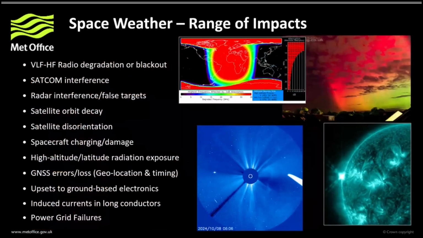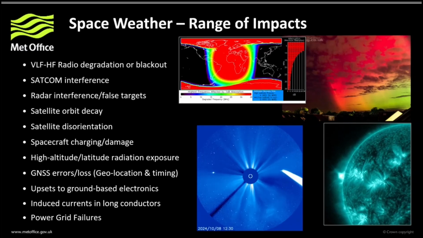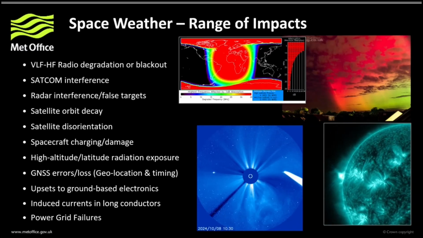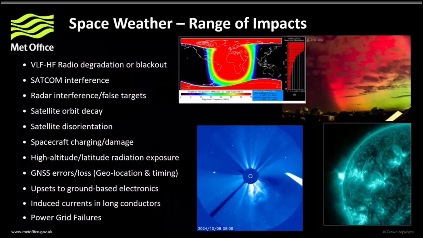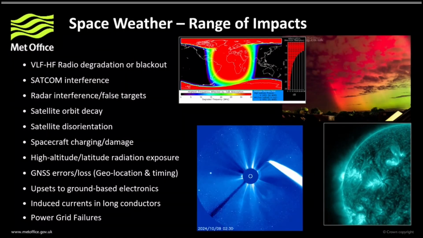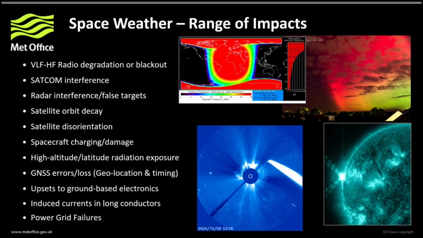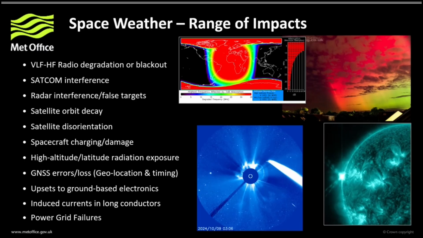So space weather then has a range of impacts from those different types of space weather, from the flares, from the solar radiation storms, from the coronal mass ejections leading to geomagnetic storms. And it's impacting a range of different systems, whether that's satellite communications, GNSS, things you're using for communication, navigation, right the way down to the risks from radiation.